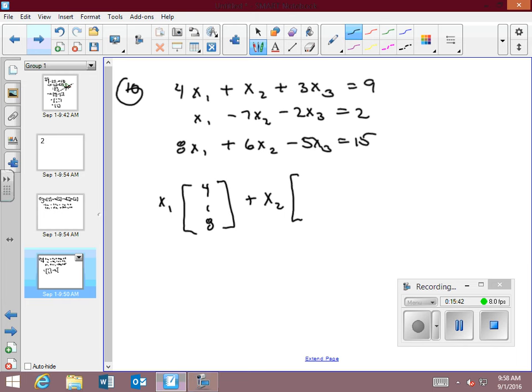would it be better if I do an intermediate step? Like if I wrote this one here as 4x1, x1, and 8x1, then pull the x out.